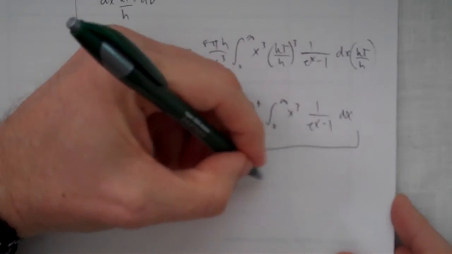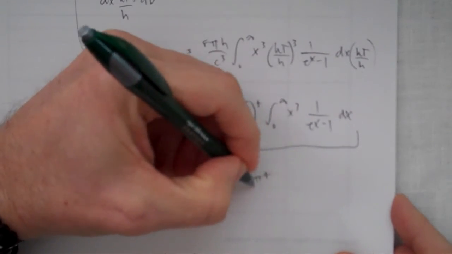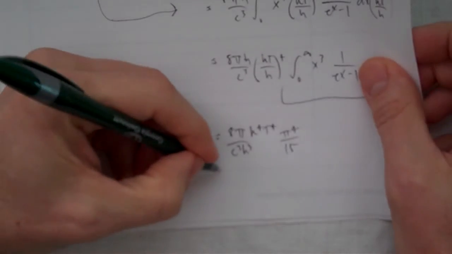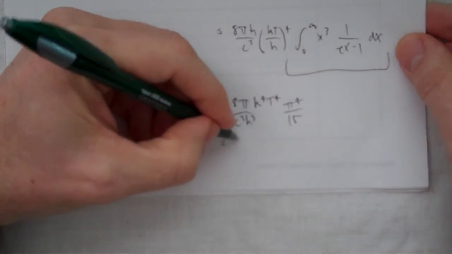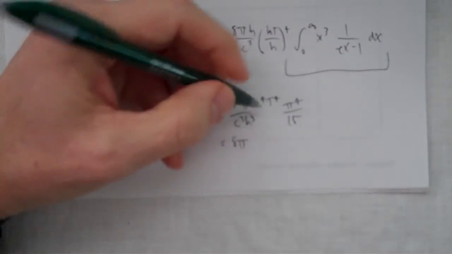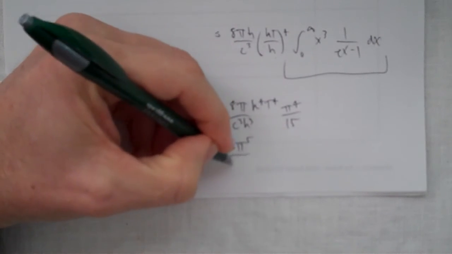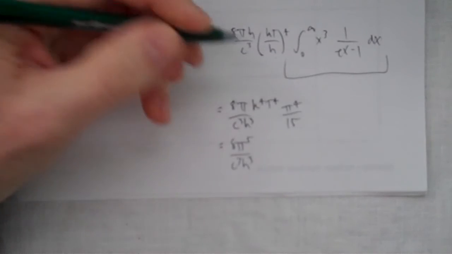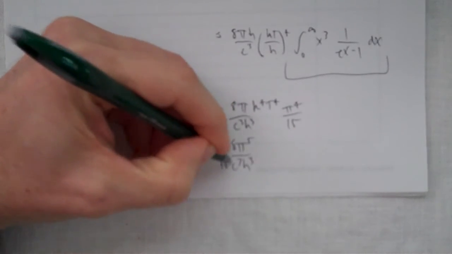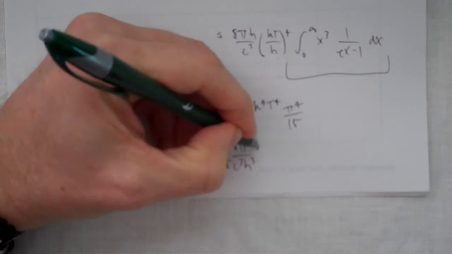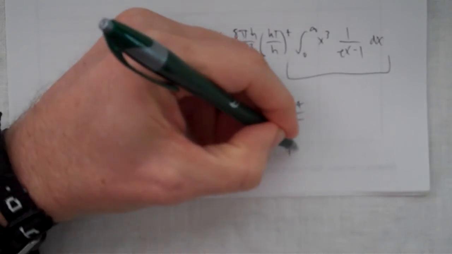Okay, and then this becomes pi to the fourth over 15. All right, so there's my answer. It's 8 pi to the fifth over c cubed h cubed times 15, times k to the fourth times T to the fourth.